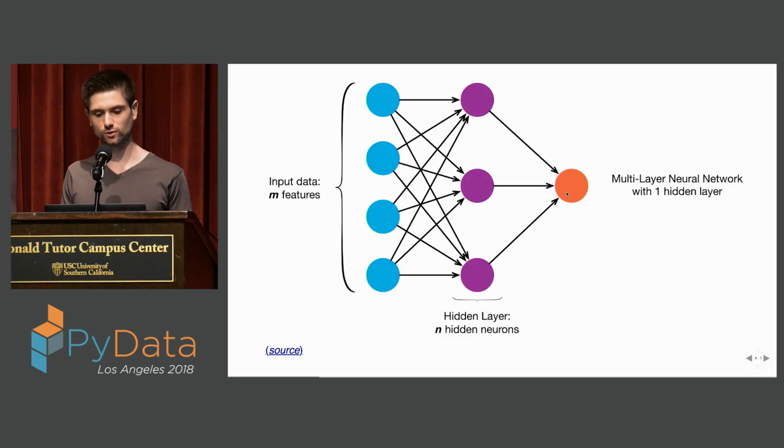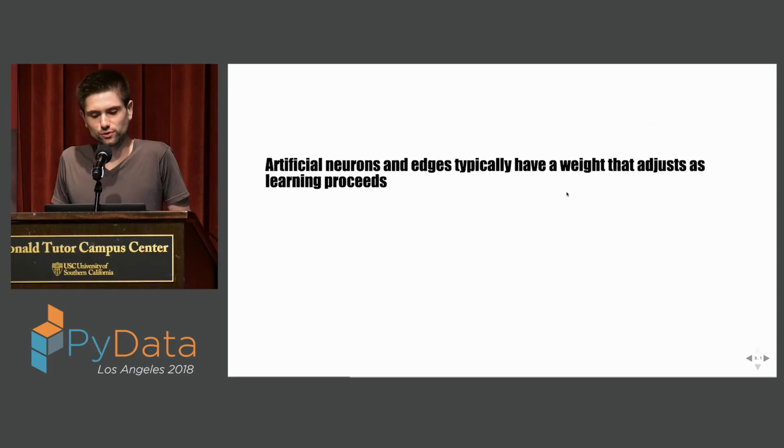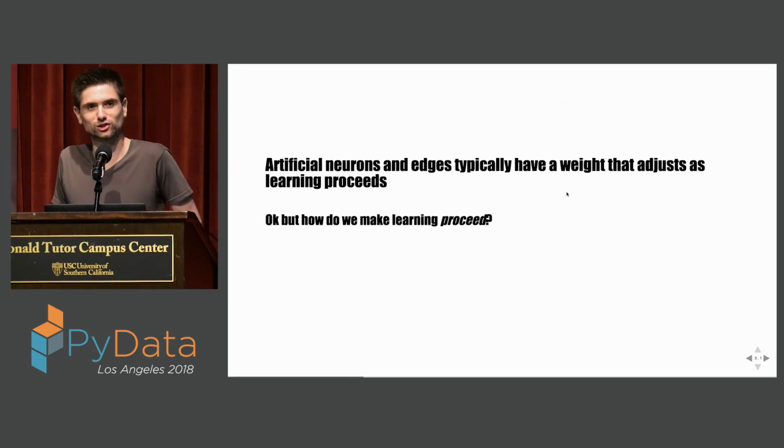But whatever it is, the basic structure of these networks is that you have a lot of data coming in, and it becomes more refined over time until we produce a final output. These artificial neurons have edges, and they have weights for these edges that adjust as learning proceeds. Great, but how do we make learning proceed?